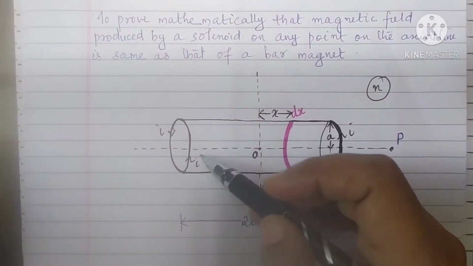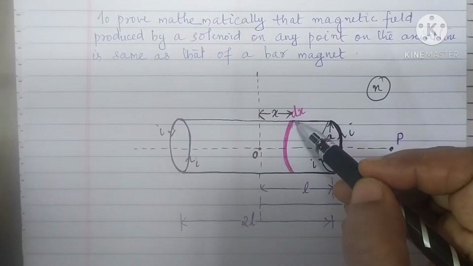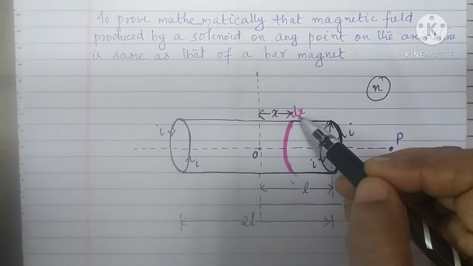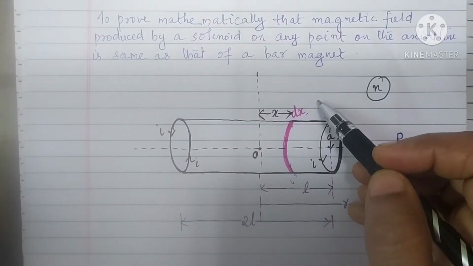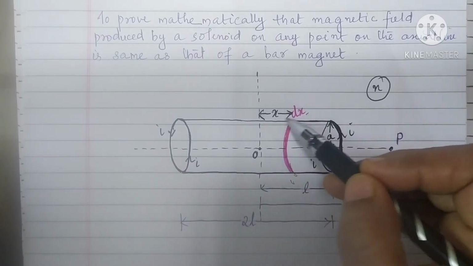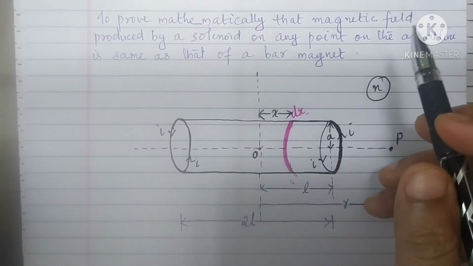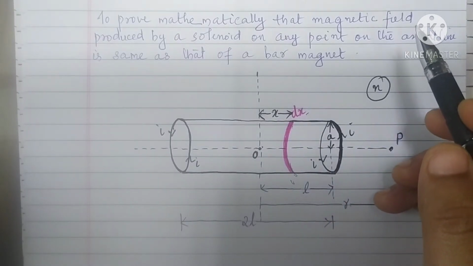So this consists of a large number of turns, and from this I have considered a small element dx, at a distance of x from the center O. This much clear?